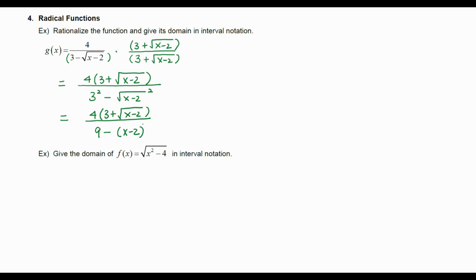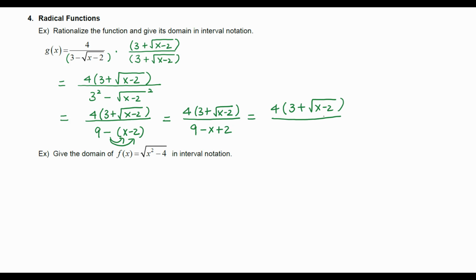So we will omit the absolute value here, and when you distribute the negative, you will have 4 times 3 plus radical x minus 2 over 9 minus x plus 2, so that you will have 4 times 3 plus square root of x minus 2 over 11 minus x.